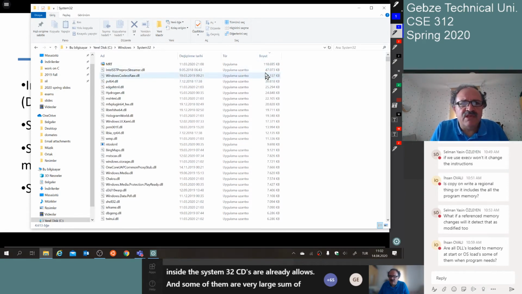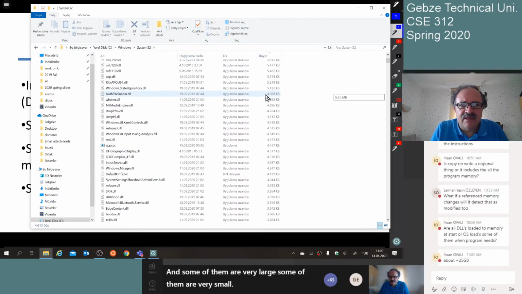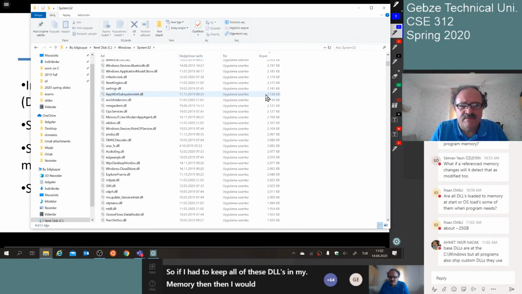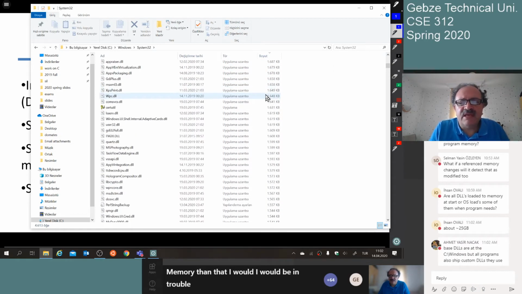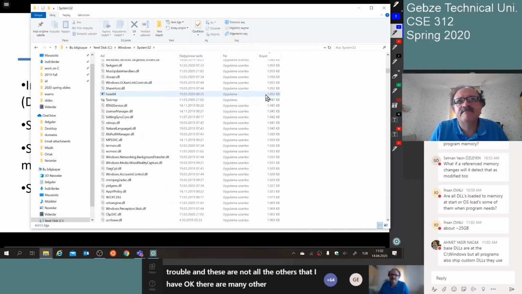So if I had to keep all of these DLLs in my memory, I would be in trouble. And these are not all the DLLs that I have. There are many other DLLs.